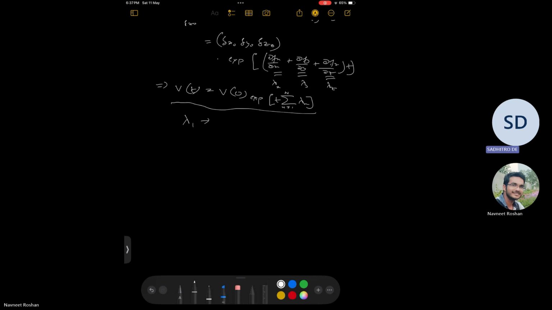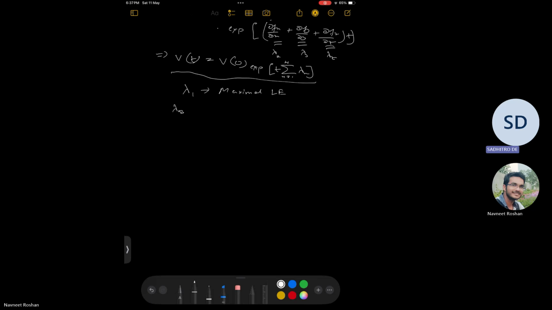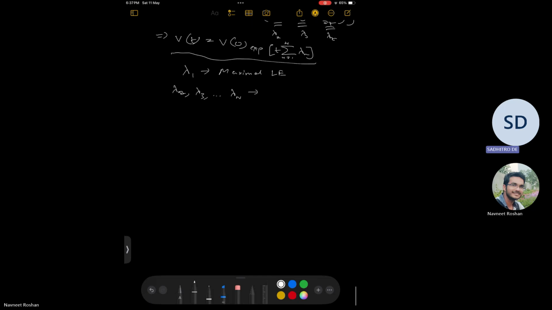We call lambda 1, the first Lyapunov exponent, the maximal Lyapunov exponent, and all the subsequent Lyapunov exponents, lambda 2, lambda 3, all the way up to lambda n, are the other Lyapunov exponents in the orthogonal directions, the ones which are orthogonal to the axis lying along lambda 1.